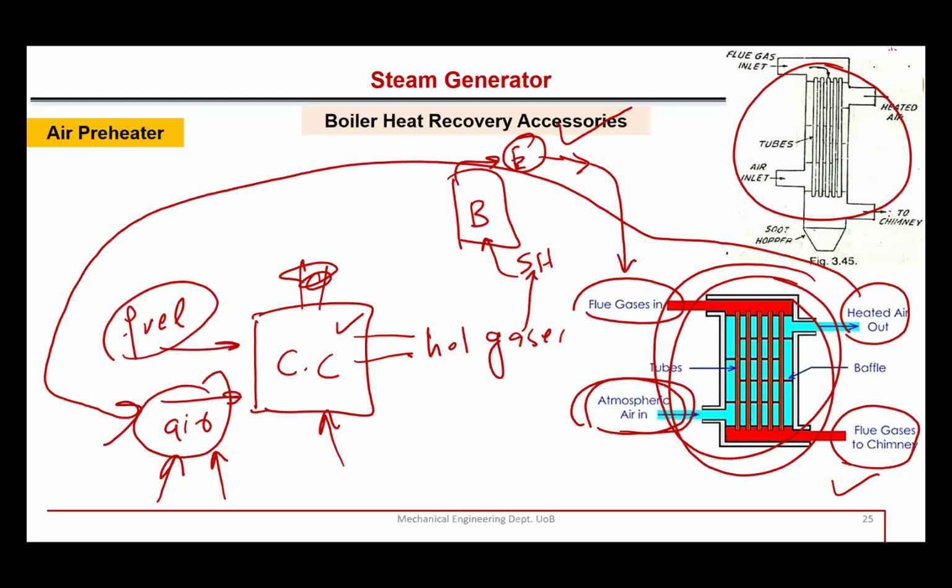In the tubular type, flue gases pass inside the tubes, and the air flows from the other side over these tubes. So it's more like a shell and tube type heat exchanger. There could also be plate type heat exchangers, which we saw in heat transfer. So air preheaters are sometimes also used.